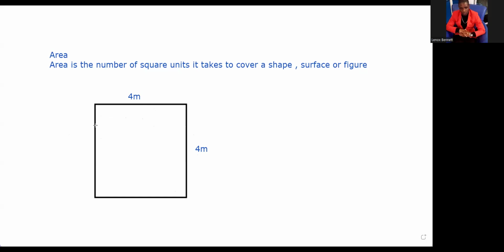So let me see if I can get it lined up properly. I think it got too big. The space here is too big. Right, let me see if we can put it here and then adjust it, alright?